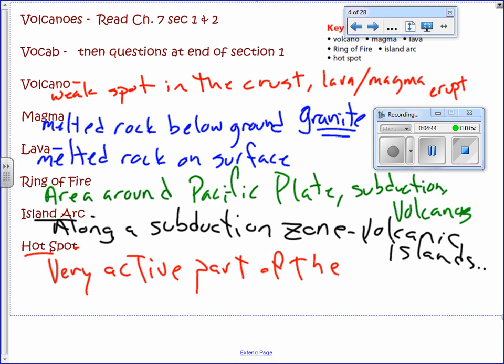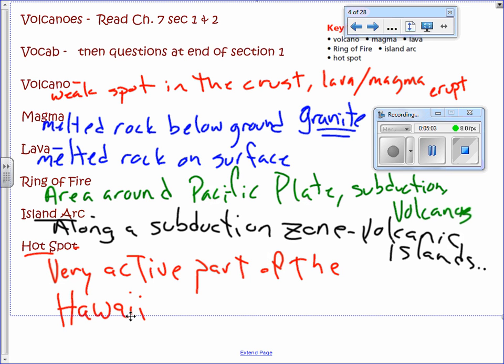They call them mantle plumes, or there's convection currents in the mantle. At a hot spot, there seems to be a lot of activity, so much that it's actually making volcanoes in the middle of a plate. And the most famous one we know of is what? Hawaii.